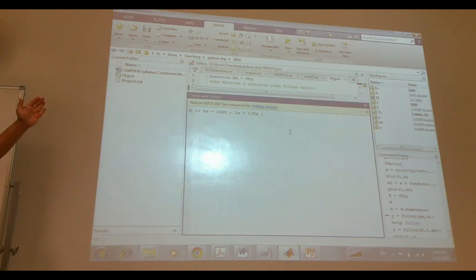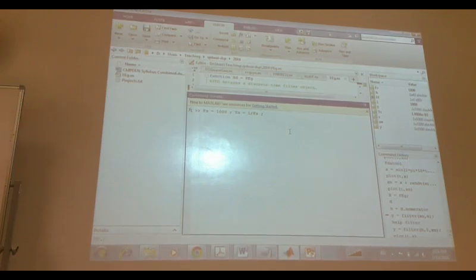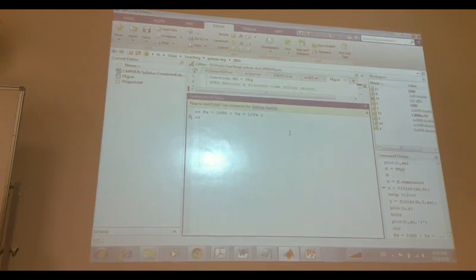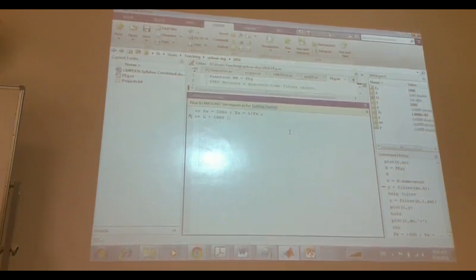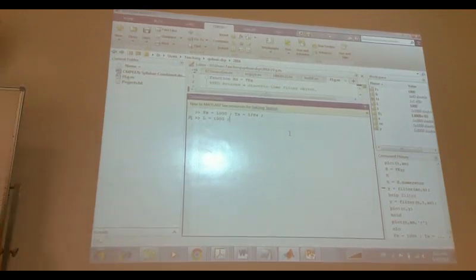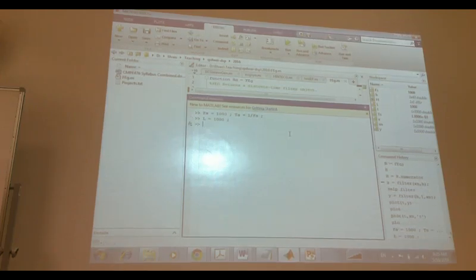So I started with a sampling frequency of 1000 Hertz, which means my sampling time is 1 over 1000, which is 1 millisecond. Then I'll define the length of my total measurement, the same as the sampling frequency, so 1000 samples.